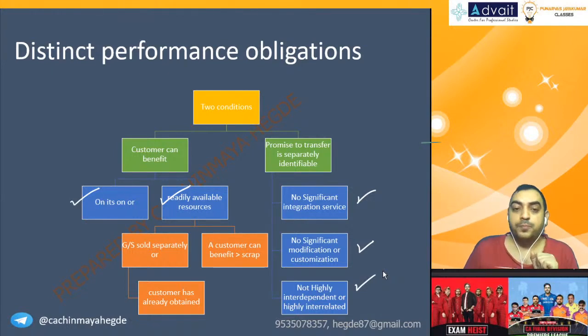One more example. ERP. You know ERP, right? Now, for ERP, it is not sufficient that you purchased it, they have to come and install it. Now, this license fee and installation fees, are they separate or are they together? If it is a standard software, then installation is a routine matter.